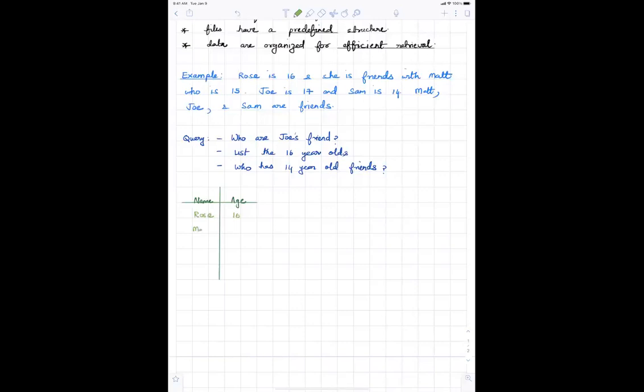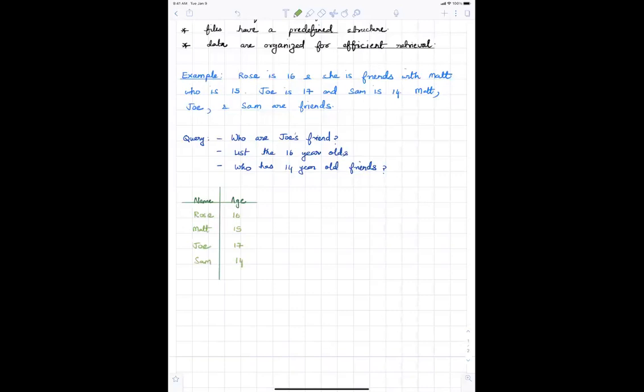I have Matt, who is 15. I have Joe. Okay, so if I have this kind of file, it's very easy to answer questions like list the 16-year-olds. Yep, there's Rose who's 16. It's so easy to see this and you got it. But from this one, I can't figure out who are Joe's friends. I can't answer that query.